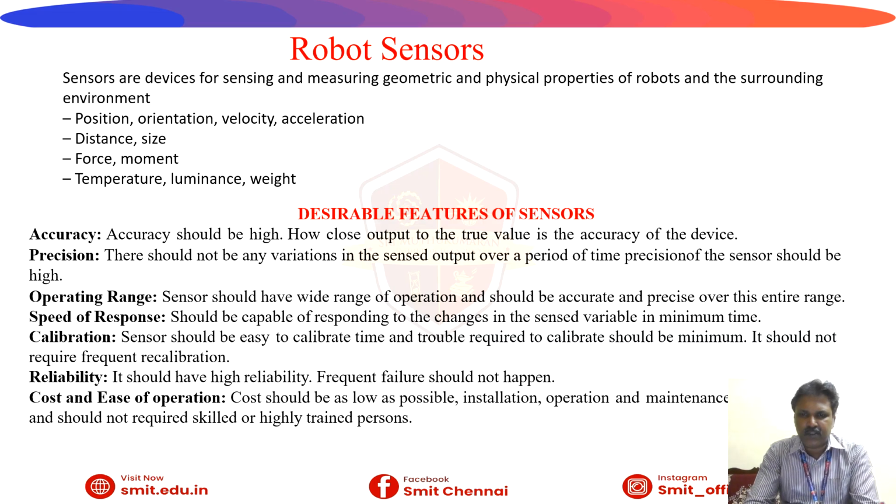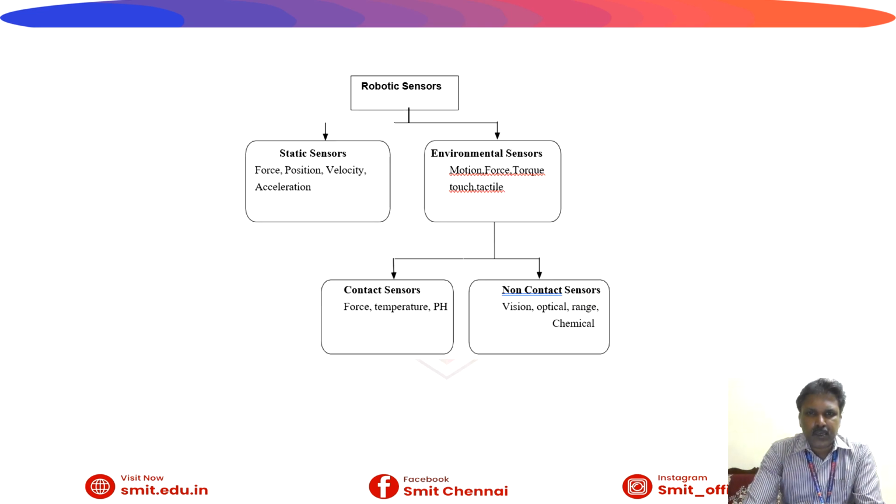So every time we are installing something, cost is the important thing. Operation and maintenance cost should not be more than that. It should be a normal economic cost, and it should be easy to operate. Robotic sensors, we can see one basic classification, that is static sensor and environmental sensor.